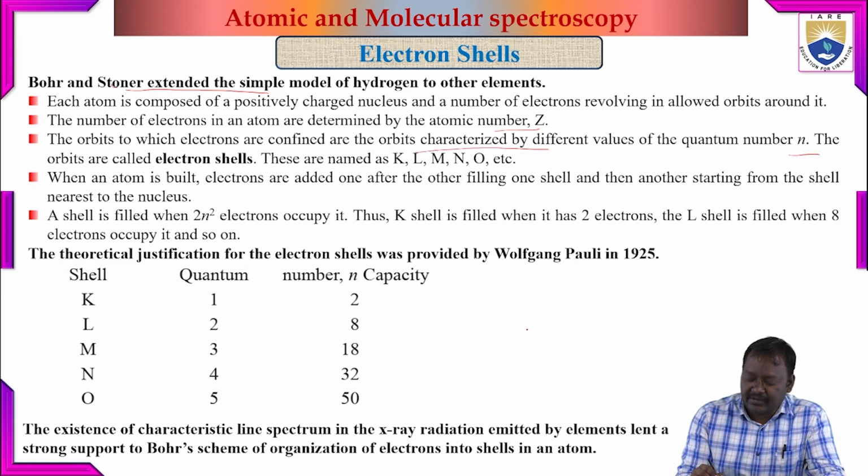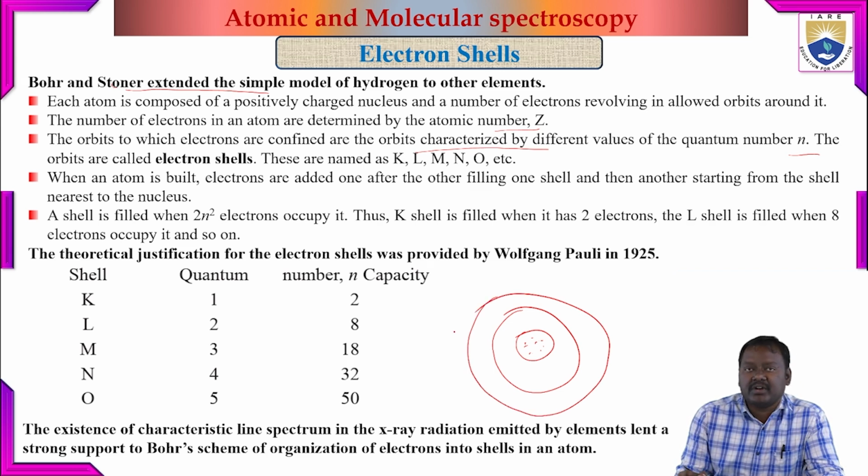In general, if the atomic number is Z, then that number of protons are inside the nucleus, and there are the same number of electrons in different orbits around the nucleus.